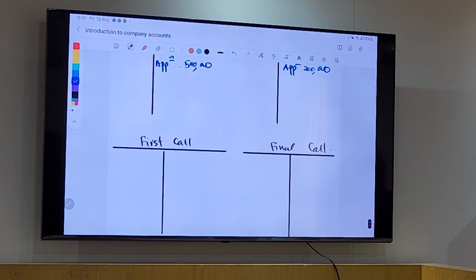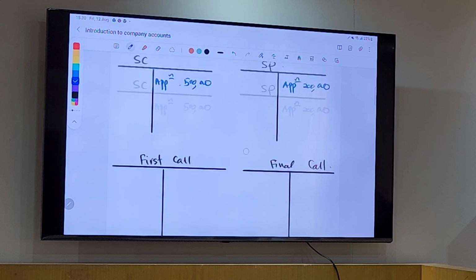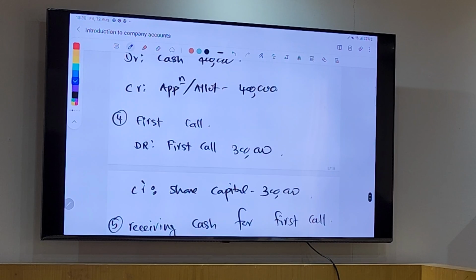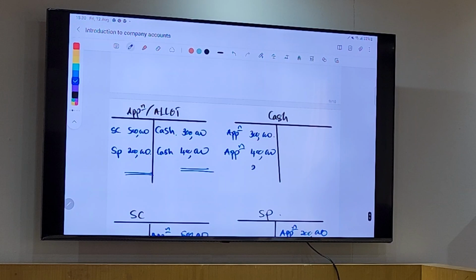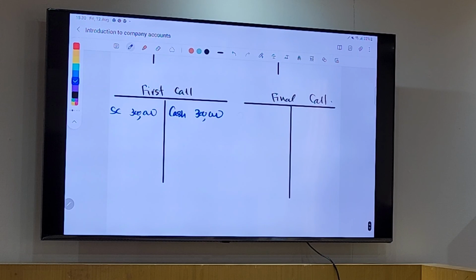Next we make the first call. First call how much? 300,000. So I debit 300,000 share capital, I credit 300,000 first call. I receive cash 300,000. So this is first call, so this account also closed.